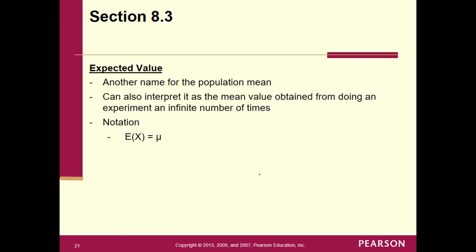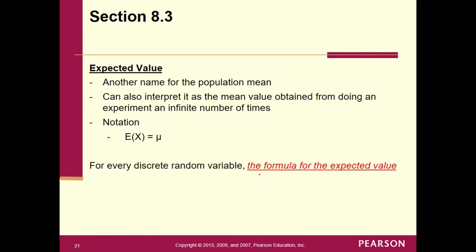So the notation here is E with the capital X in parentheses, and that's equal to mu, like I just said. All right, population mean. So expected value is equal to the population mean mu. For every discrete random variable, the formula for the expected value is the following. It's a summation. It's a simple formula.